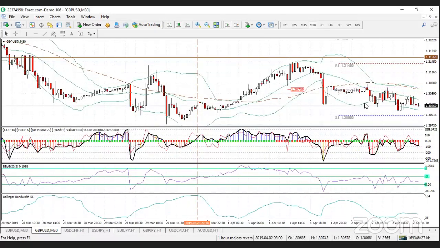This is the pound dollar 30-minute time frame. It looks like it's just going to continue to float or drop a little bit lower. However, again, based on the news and whatever the comment is, if it's confirmed, we could see a pretty sharp retracement in the opposite direction. I don't know how likely that is, and it really doesn't matter to me at this point either way. I just need that confirmation so that I can trade it.